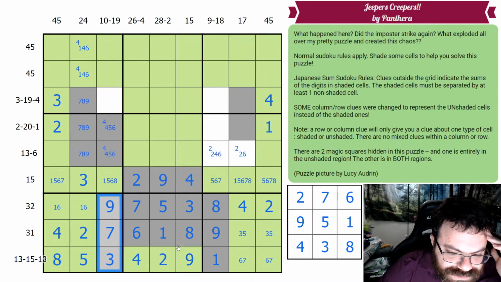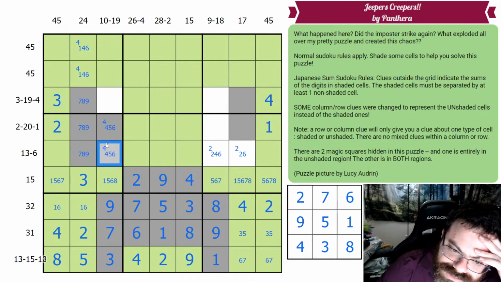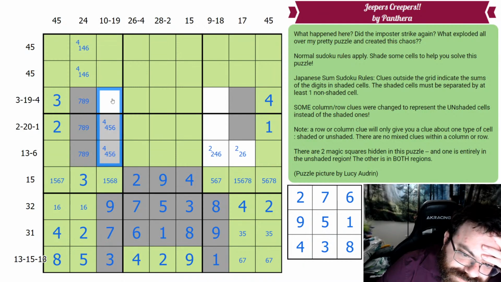What? This is 19. You swapped it again in your head. This is 10, so it's either 4-6 or it's 4-5-1.